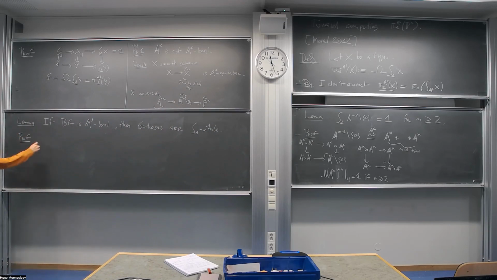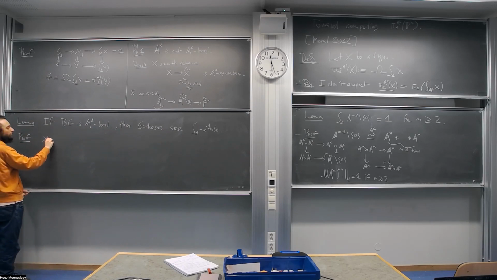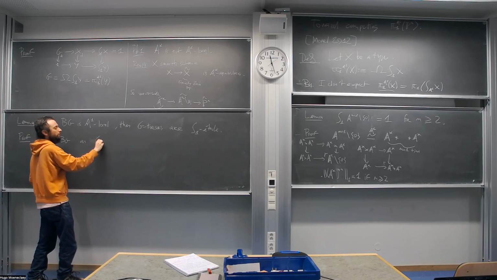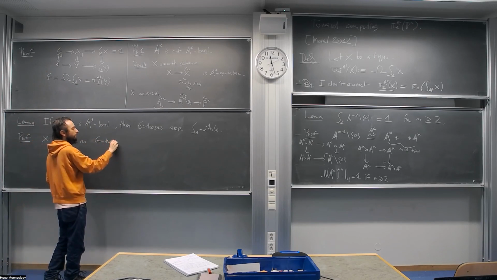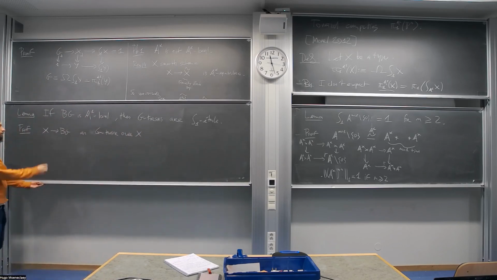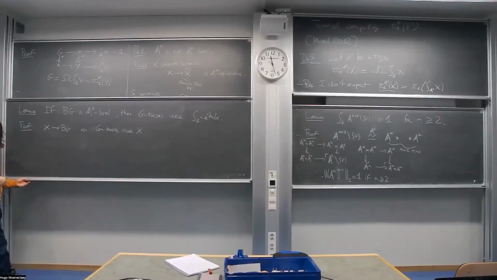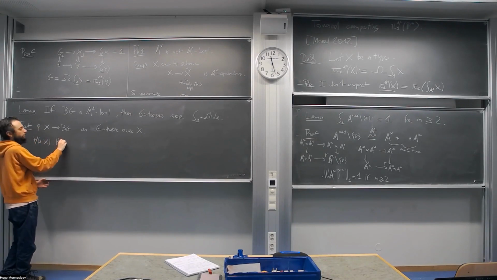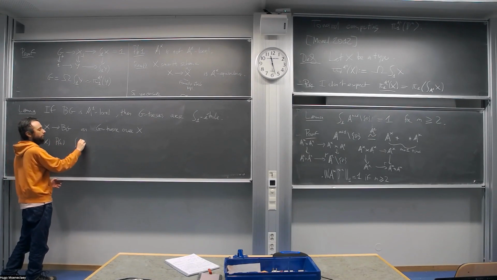Okay, so the proof is not complicated. Let's say you have a map from X to BG, which is a G-torsor over X by definition. So first we need that its fibers are A1 local. So we need for all x in X, the fiber over x to be shape 1 local.